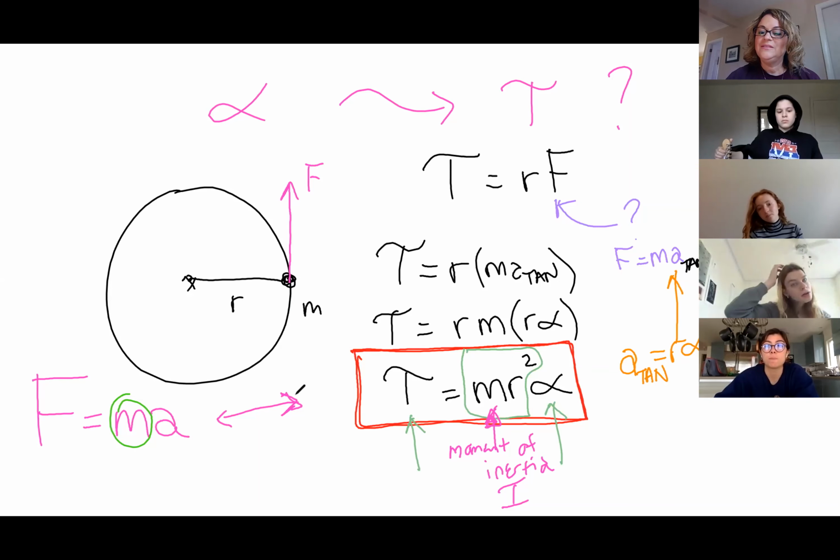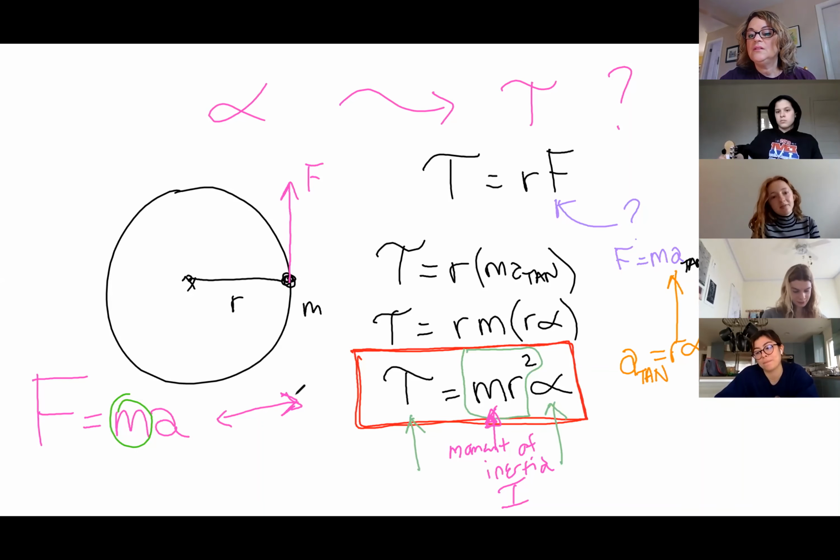Roxy, go ahead. Like how much acceleration is needed to move it? Like if mass dictates how much acceleration is needed to move it. Okay, so very close. Go ahead, Lindsay. Or just maybe the effect the acceleration is going to have on that spinning object.